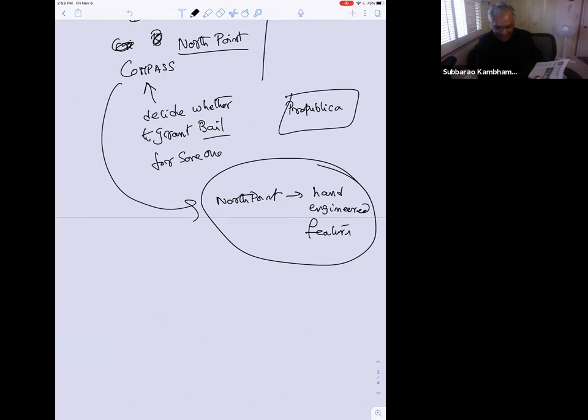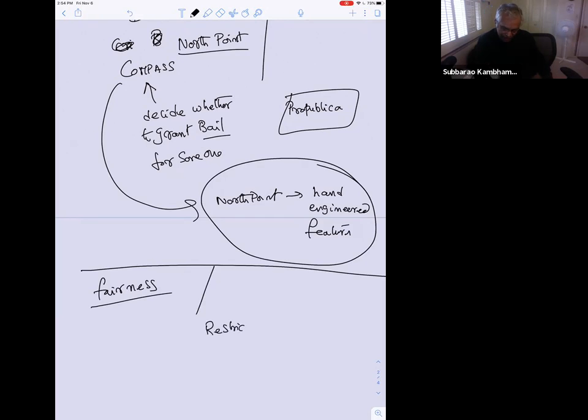To give you a sense of hand engineering and making sure that things are done fairly, one simple thing that people try to do, and I mentioned it in this article in passing, you may not have caught it, is to use restricted variables. For example, you do not show some sensitive variable values.